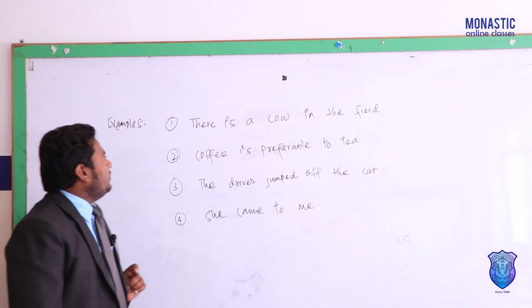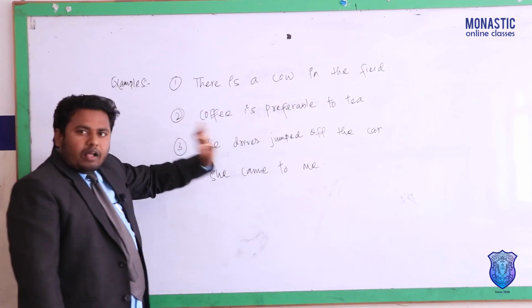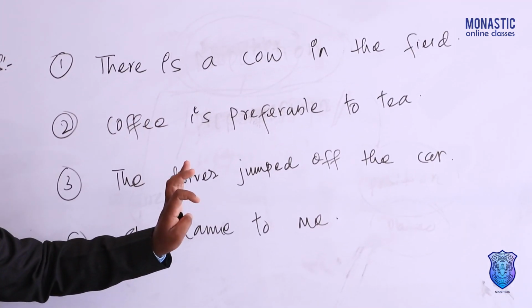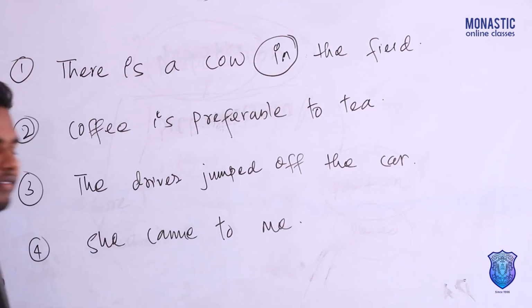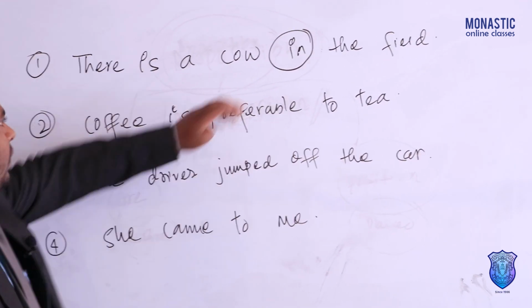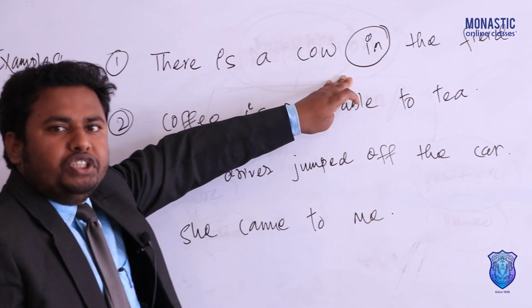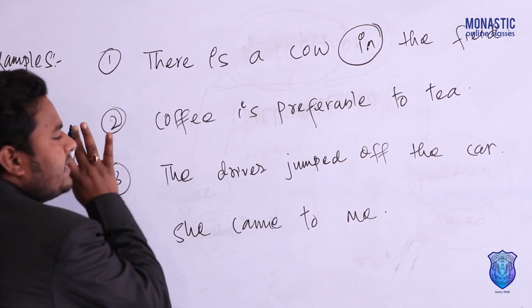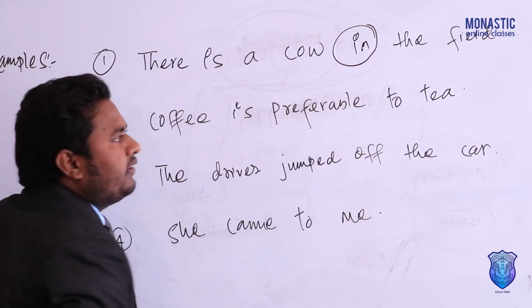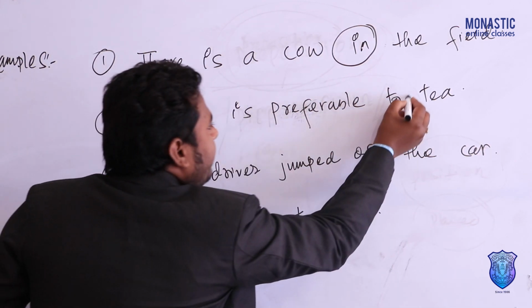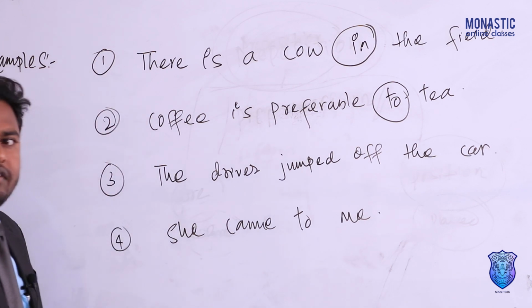Simply say, students, there is a cow in the field. Here, in is our preposition. In the second example, coffee is preferable to tea, here to is the preposition.